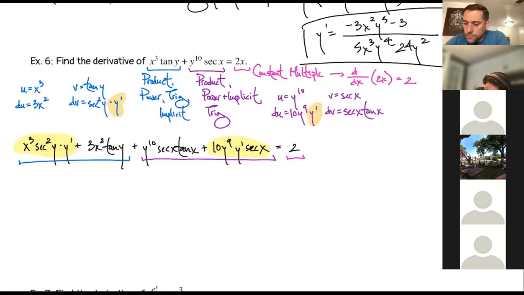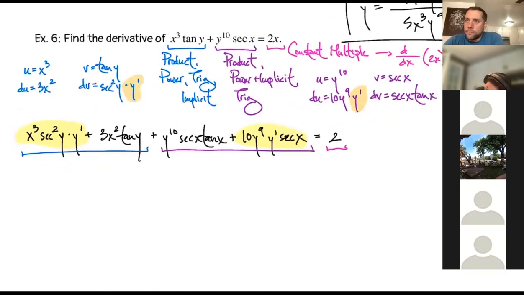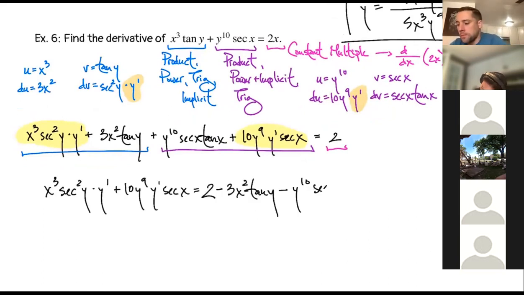And I'm going to get x cubed secant squared y times y prime plus 10y to the 9th y prime secant x equals 2 minus 3x squared tangent y minus y to the 10th secant x tangent x.